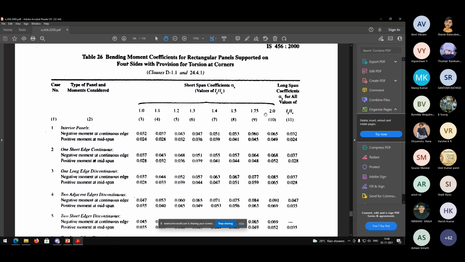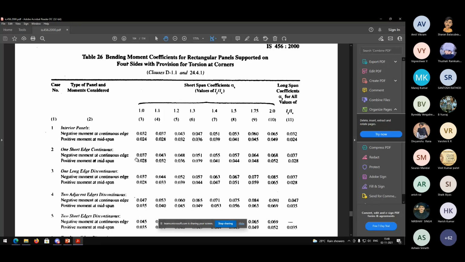I hope you know the answer. It is because Ly by Lx limits are given between 1 and 2, because when it crosses 2, it becomes a one-way slab, and then none of these are applicable.